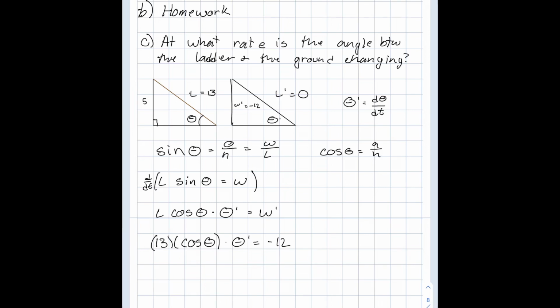So adjacent is going to be the base, which we were told is 12. Hypotenuse is 13. So we'll have 13 times 12 over 13 times theta prime equals negative 12.